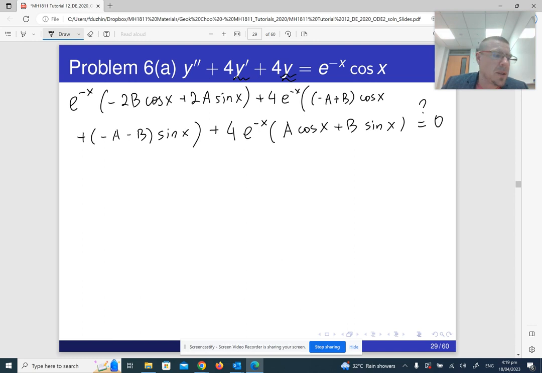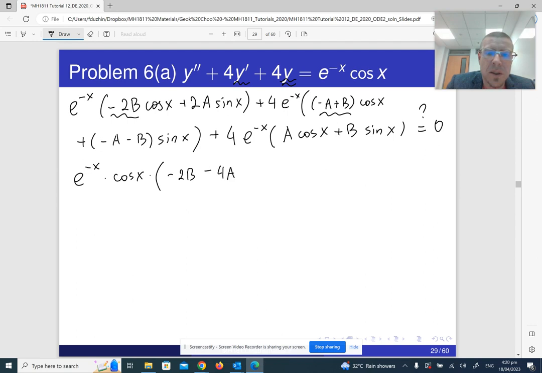Alright, so let us now collect together all the terms with cosine x. Right, so in all of them we will have e to the minus x, and then times cosine x times, so let us collect together all the coefficients in front of cosine x. So we have minus 2b. So here we have minus 4a plus 4b, and here we get plus 4a plus 4.